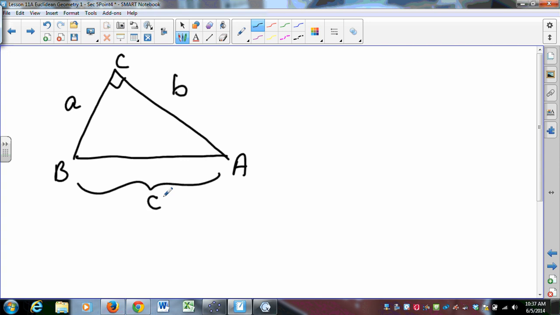Now do this weird thing. Drop the perpendicular from C to line AB and call the point where it hits F, for foot of the perpendicular.